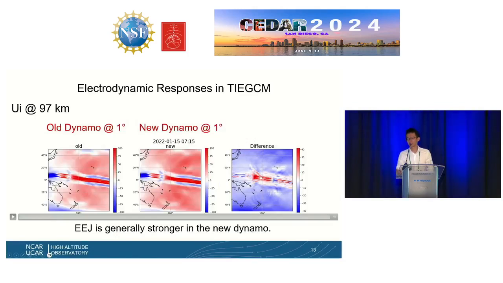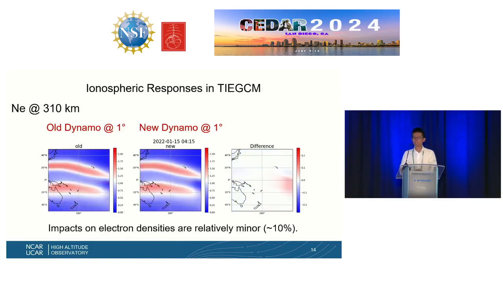We can see that generally the equatorial electrojet is larger in the new dynamo than the old dynamo. So we are also enhancing the equatorial electrojet in the new model, new grid setup.